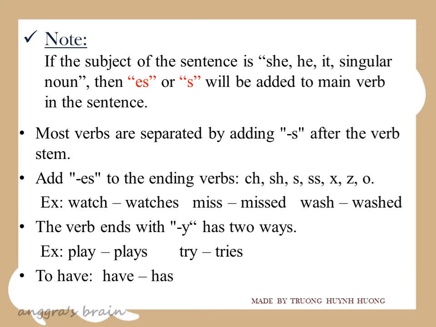I have four notes for you in this slide. The first one is most verbs are formed by adding s after the verb stem. The second note is add es to verbs ending in s, sh, ch, x, z, o.